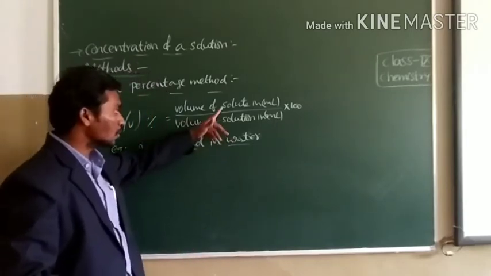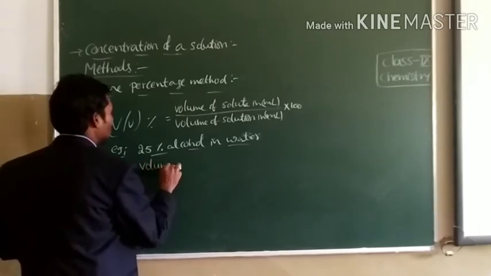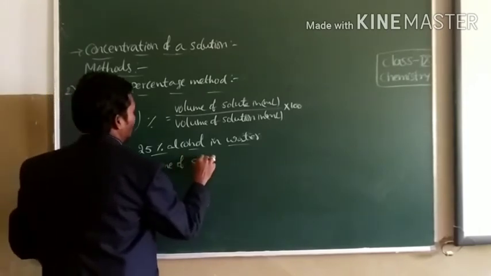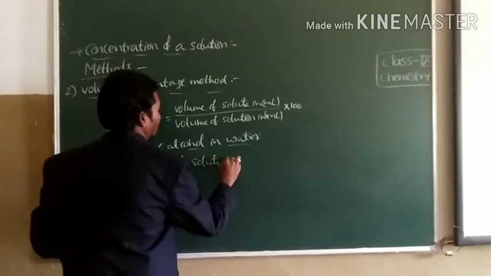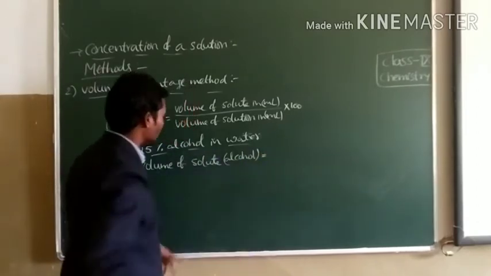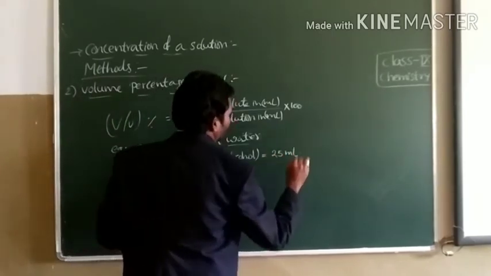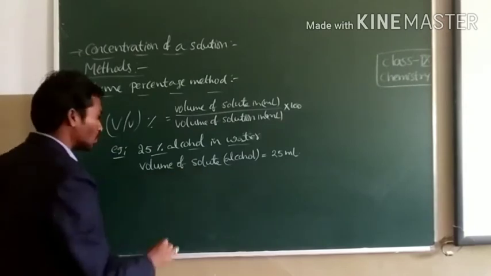What is the solute here? Solute is alcohol. Its volume of 25% is equal to 25 ml. Next, volume of solution.